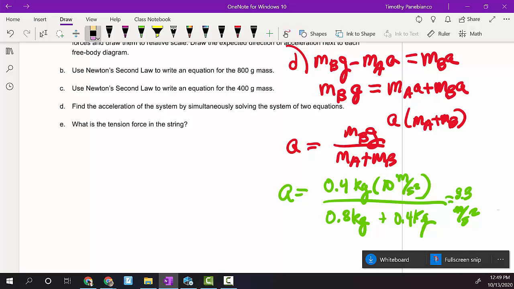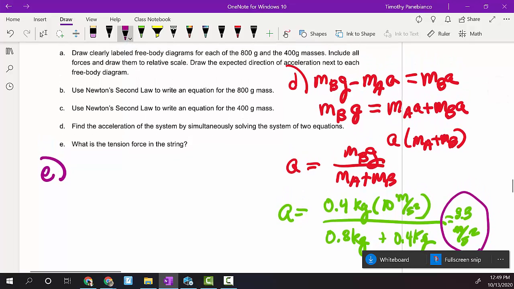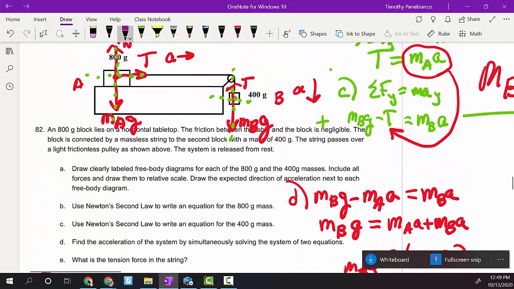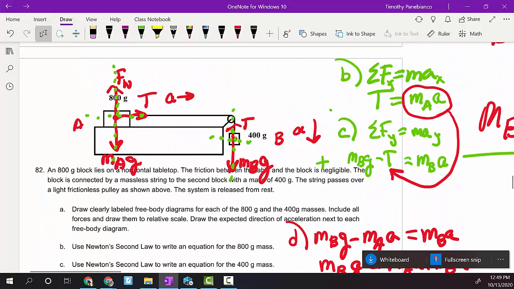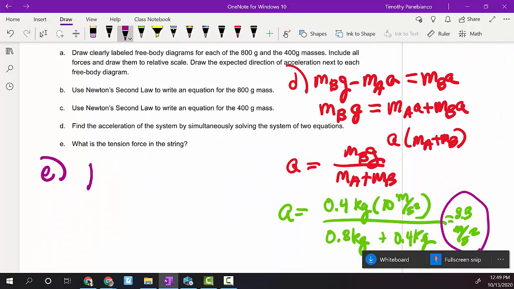Okay, now the last part of the problem is asking us to find the tension. We can simply substitute what we have for the acceleration back into either equation with the tension. So that means if we go back up, the easiest equation that we could utilize is the one from B, in my opinion.